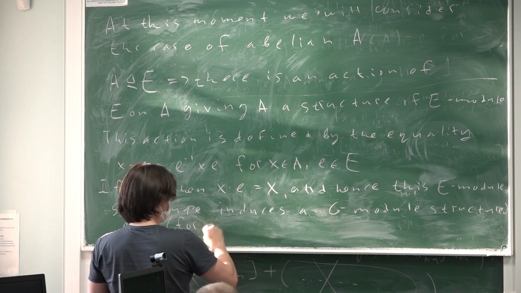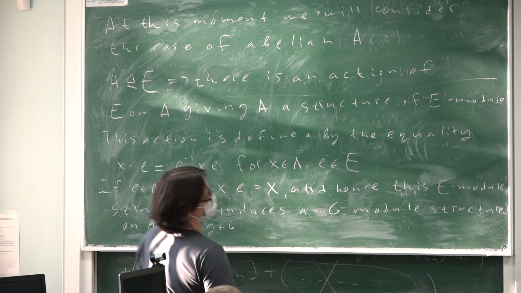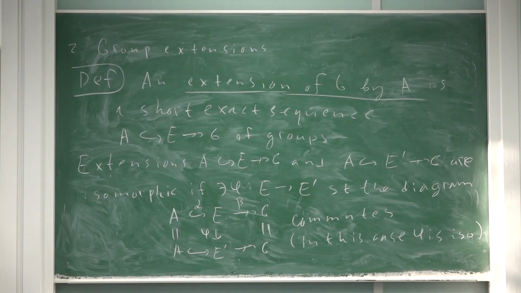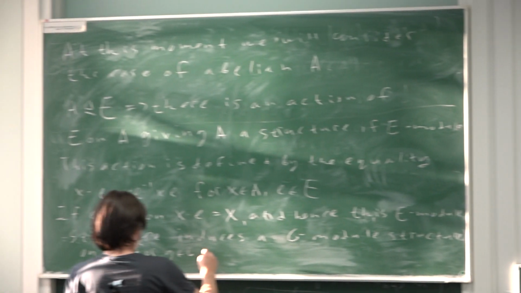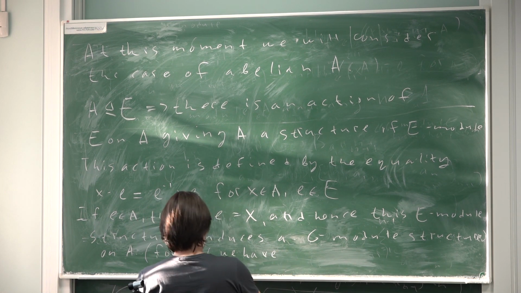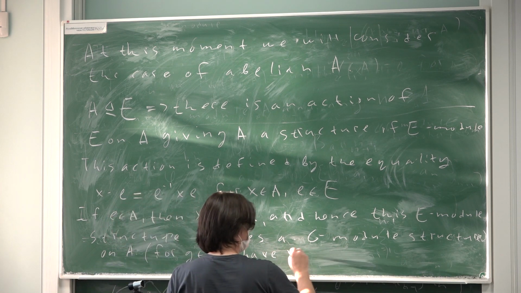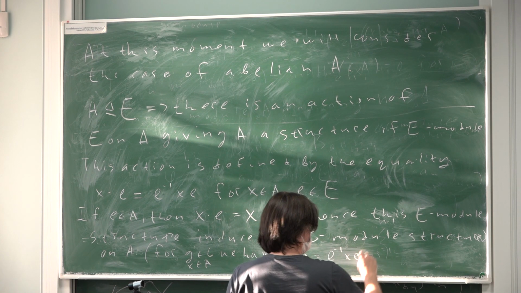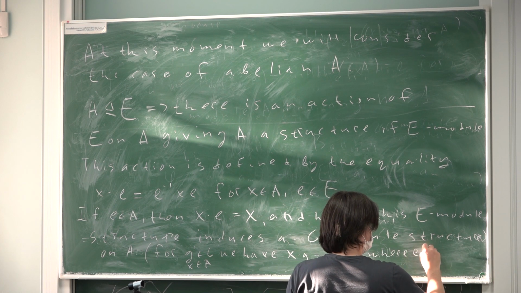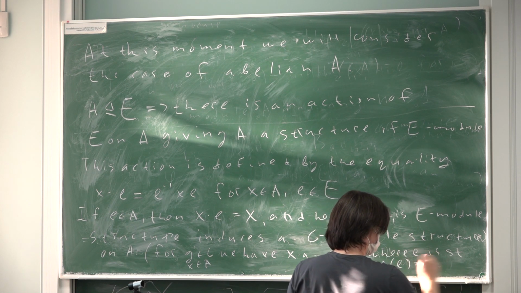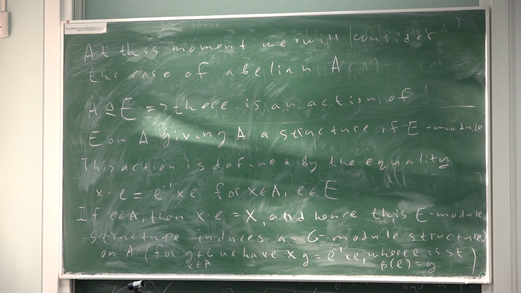For g from G and x from A, we have x times g equal to e inverse x e, where e is such that beta of e equals g.